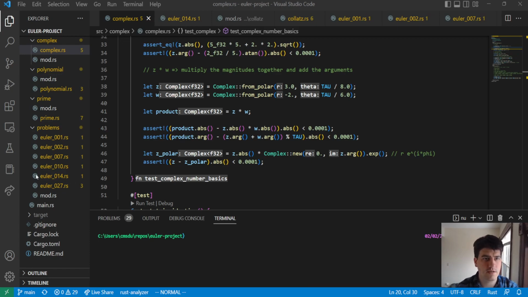Okay, let's get to implementing this. So, let's say new folder, Eisenstein, or hex, let's say hex.